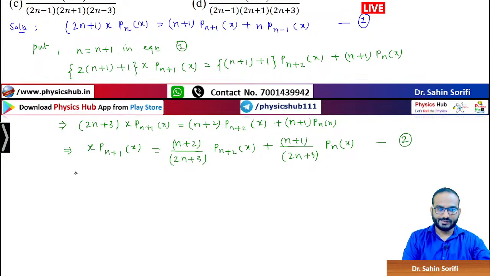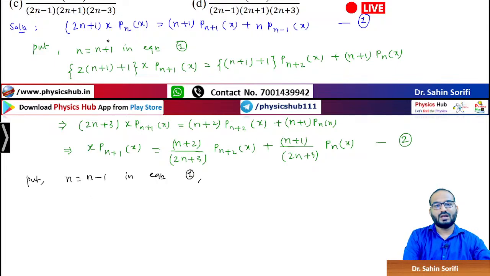Okay. Let us now put n equals to n minus 1 in equation 1 to get x times Pn minus 1. So wherever you see n, replace it with n minus 1.